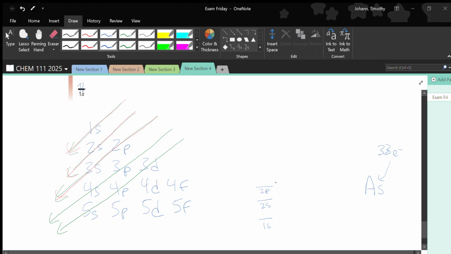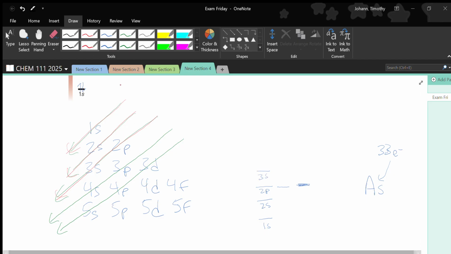P's have 3 in them. Quantum number, or L, angular momentum number 1, -1, 0, +1. You don't have to do that, but just remember that there are 3 orbitals for P's, okay? I'm naming the quantum numbers for you, but just remember it has 3. 2p, right? So 2p, then 3s.